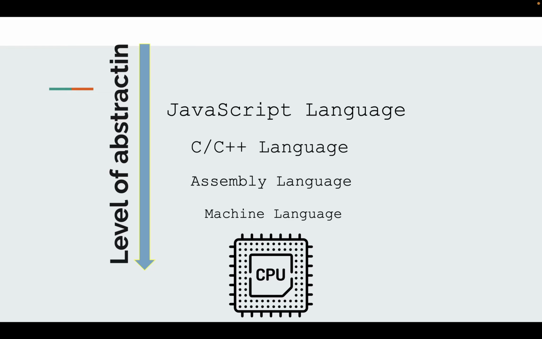So when we're talking about writing JavaScript, we are really talking about writing a programming language that some other programs are going to convert into something like machine code. And that's not to say that you have to go down this tree, that JavaScript becomes C or becomes assembly or anything like that. You can jump around. Perhaps JavaScript gets converted directly to the machine code, but nonetheless something is going to do that work.